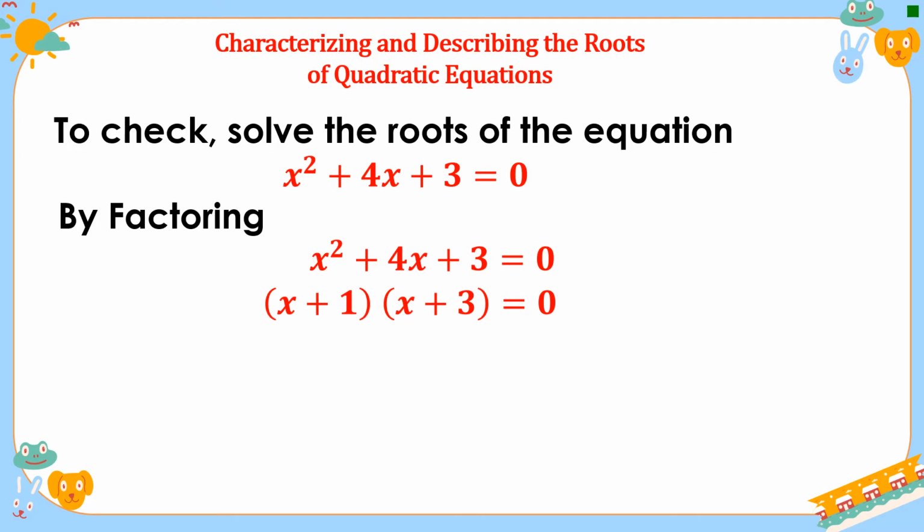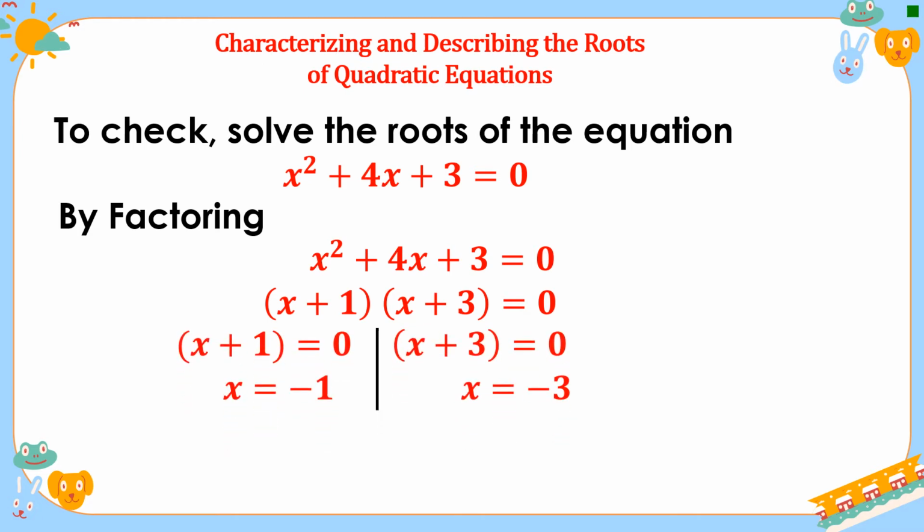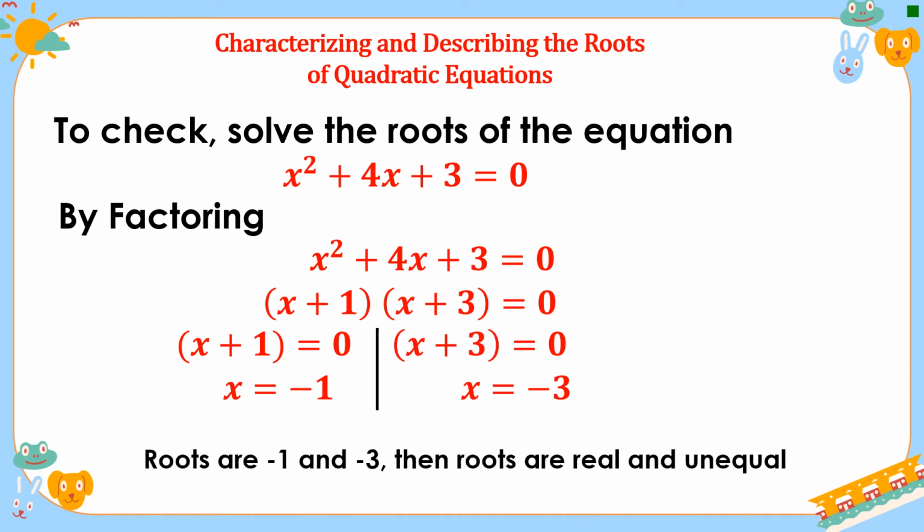Then, equate both factors to 0. So we have x plus 1 equals 0 and x plus 3 equals 0. To get the value of x, we have x is equal to negative 1 and x is equal to negative 3. So if we're going to check, there are two unequal roots.